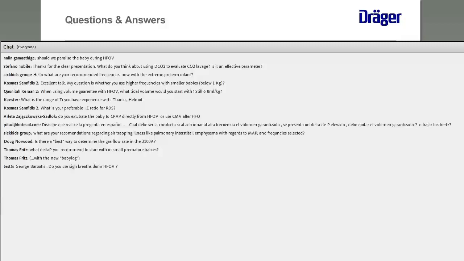But we try not to use that right now, because the sigh is to prevent closing of the alveoli, to prevent derecruitment, but it can also induce some overdistension. Because we are not seeing the lung all the time continuously, we prefer to test every day or every 12 hours, for example, the opening and closing pressure of the lung, and then leave the lung alone without any kind of sighs. We don't use it.